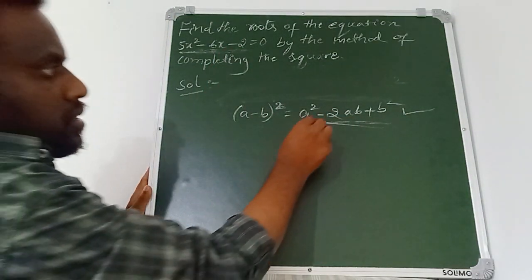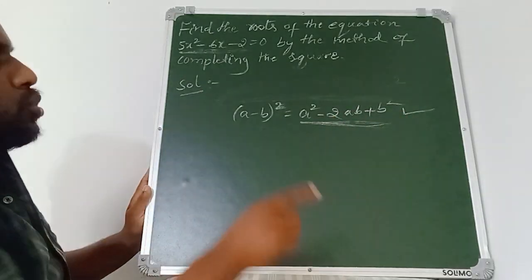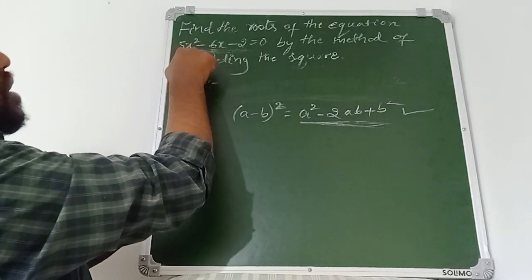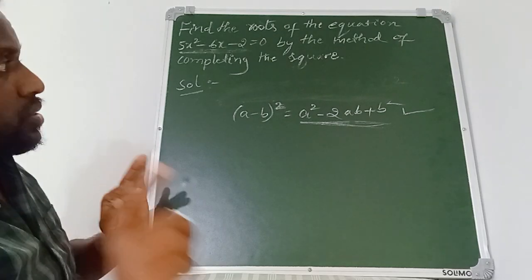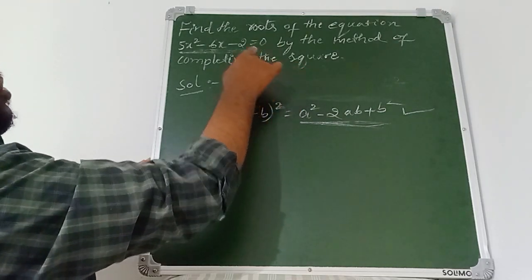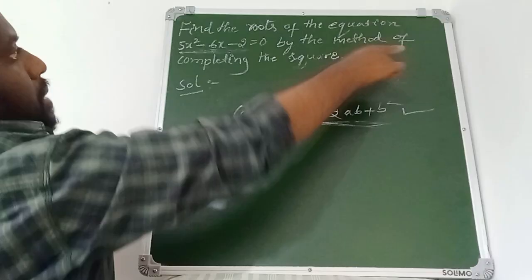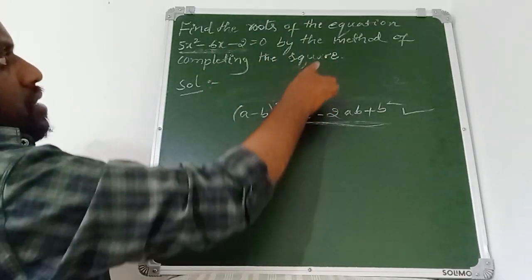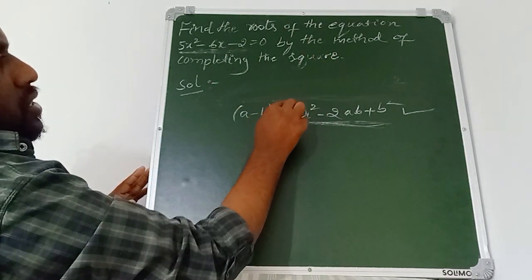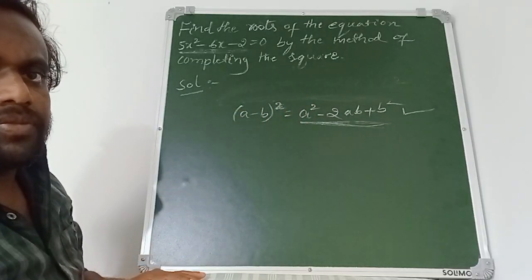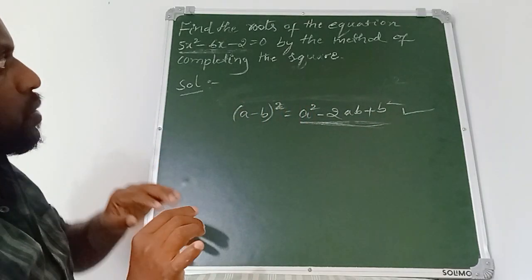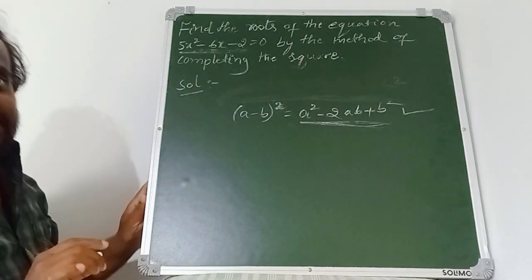Then we have to find values for x. So that is the meaning of this question: find the roots of this equation by the method of completing the square. The square is because of this one. So I just explained what the meaning of this question is.